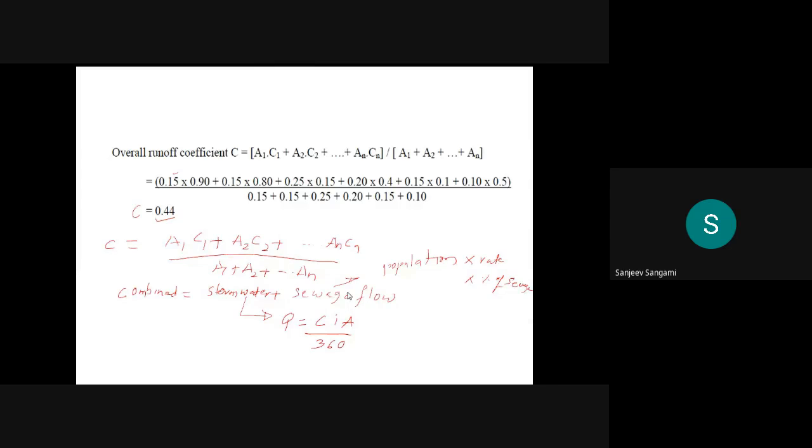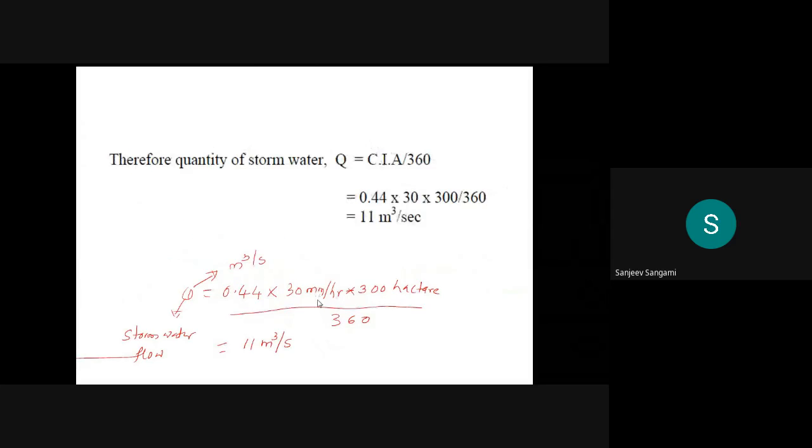If the percentage is given, take that much only. If he has not mentioned anything, you can take 75 to 80%. Then we calculated the quantity of storm water using Q is equal to CIA divided by 360, and we got around 11 meter cube per second. So here is the total calculation.